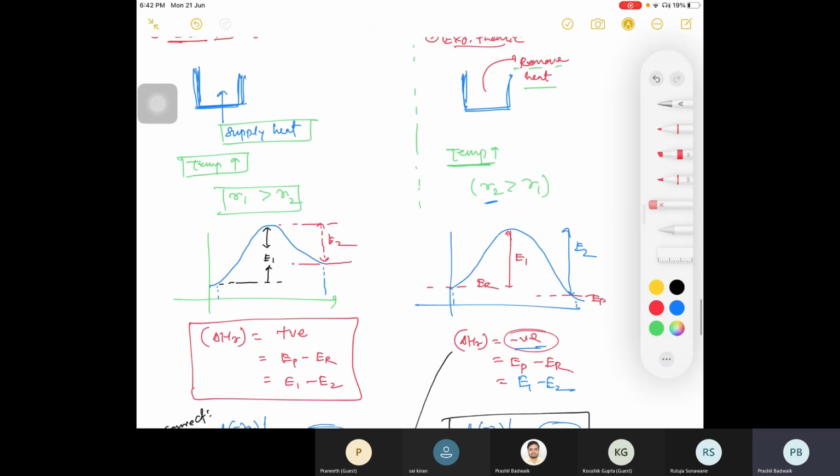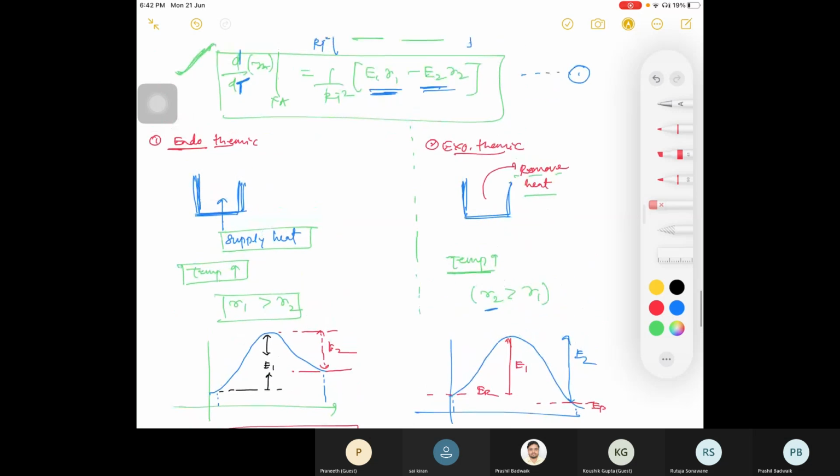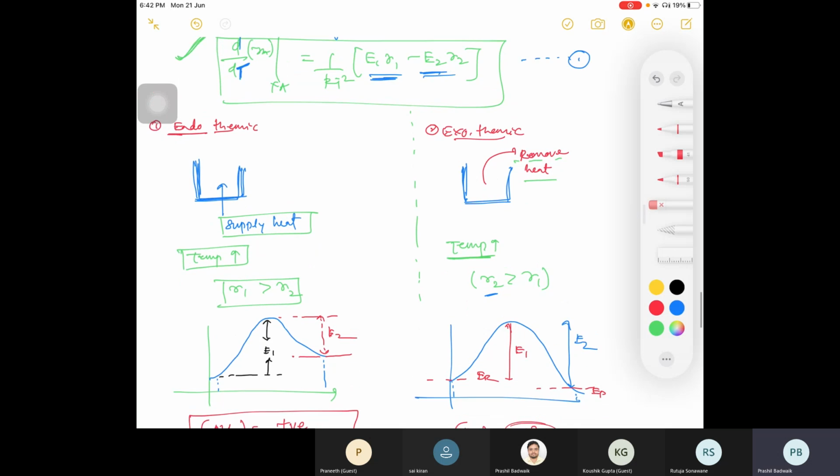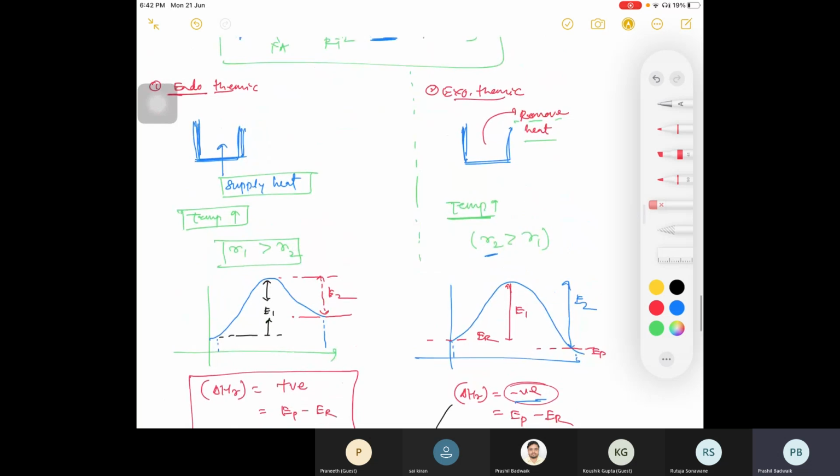R2 is greater, your E2 is greater. Yes, you are getting negative. Here also you are getting negative. So this must be the case, okay? So I'll look for this and I'll convey it to you, okay? We will discuss that in the next class, okay?